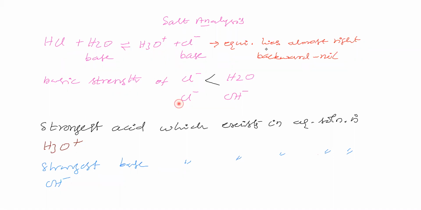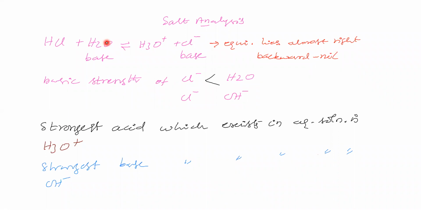So how will the basic strengths of Cl minus and OH minus compare? Which has the smaller basic strength, Cl minus or OH minus? Comparing Cl minus and water, Cl minus is less than water.